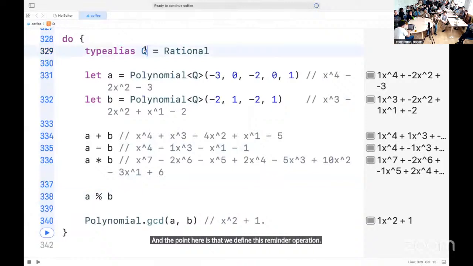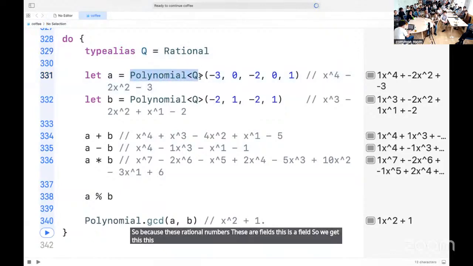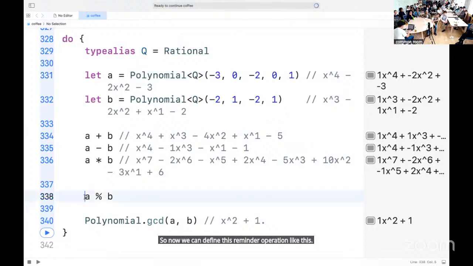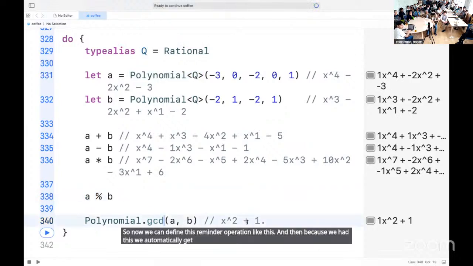And the point here is that we define this remainder operation. Because the rational numbers form a field, the polynomial type over Q is a Euclidean ring. So now we can define this remainder operation like this, and because of that, we automatically get the GCD function for free.